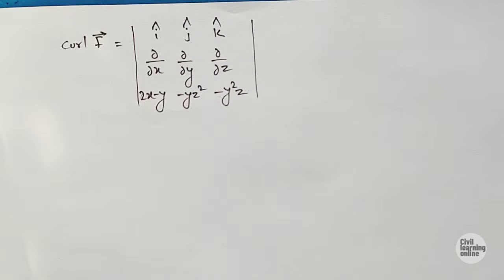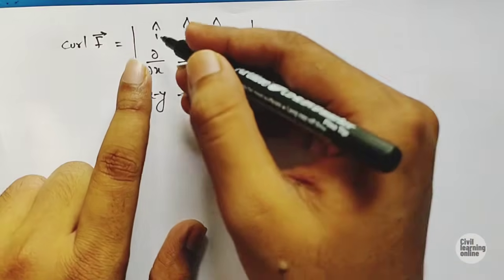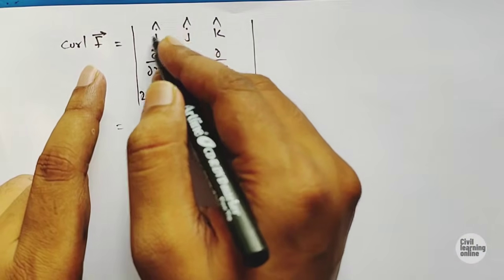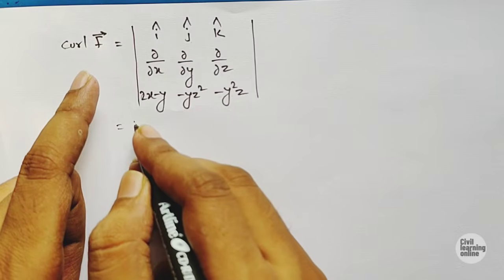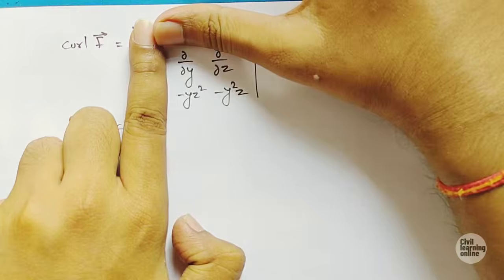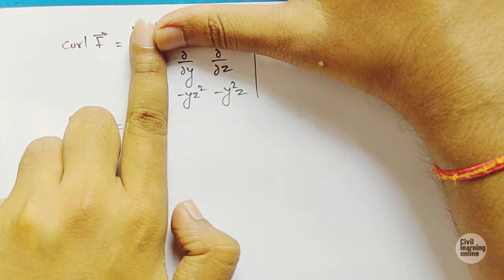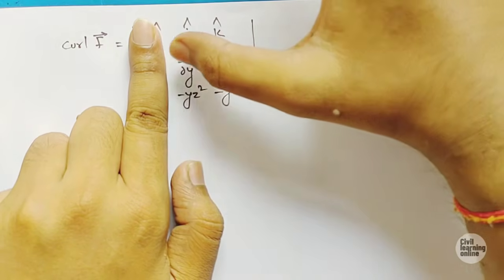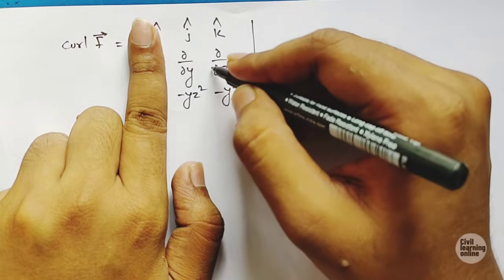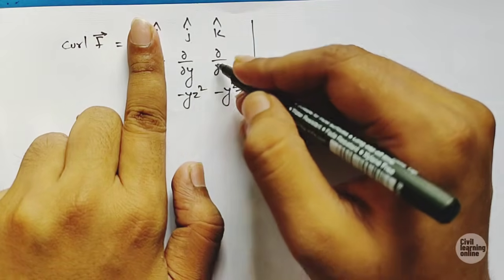Now what we need to do is simply find the curl of the vector. First we will proceed with this i cap, so write i cap here. Now cover this and this, and we need to do the cross multiplication. Going down will be positive, going upward will be negative.